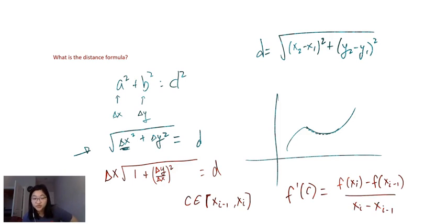The slope of our secant line has to equal the slope of our tangent line somewhere on our interval, because we're assuming that we have a continuous curve.